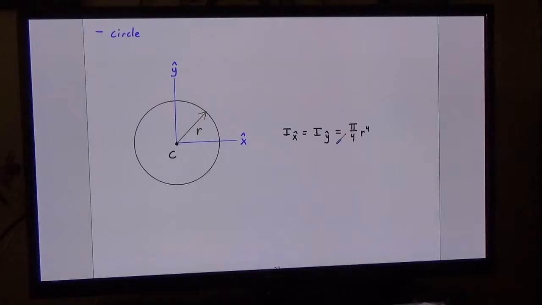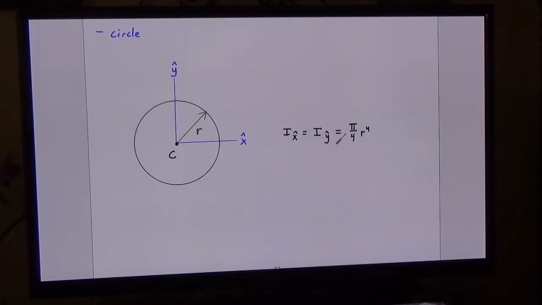So what we want to do, we're going to look at several examples. The first one that we're going to do, I'm going to go through in a slow way, so that we can get all of the details and really understand what's going on here with moments of inertia for a composite area.